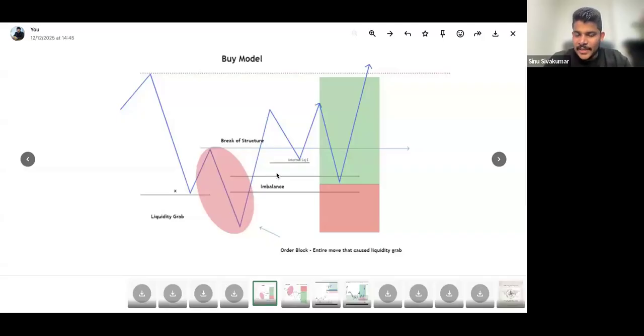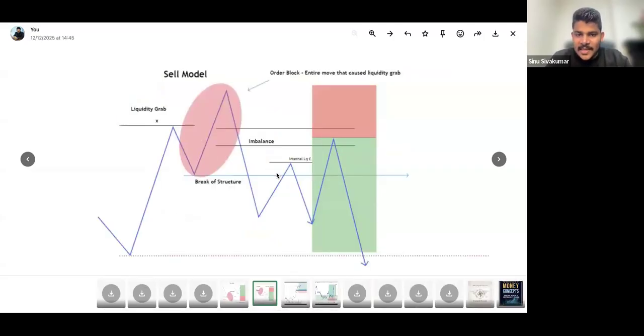But before we proceed further, if you are experienced and have a good grasp on the market, then don't confuse the entry models. What we are going to discuss today is pretty simple with respect to these two entry models. This is the buying entry model, and this is the selling entry model.